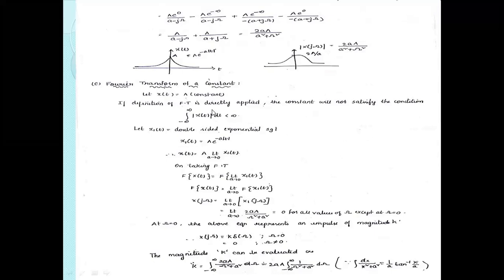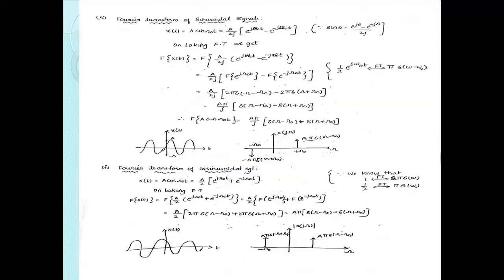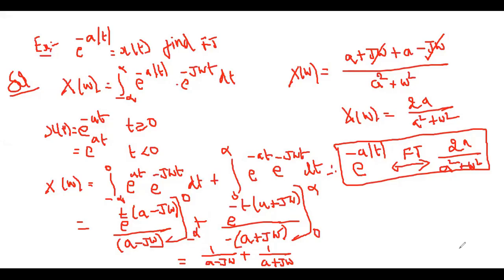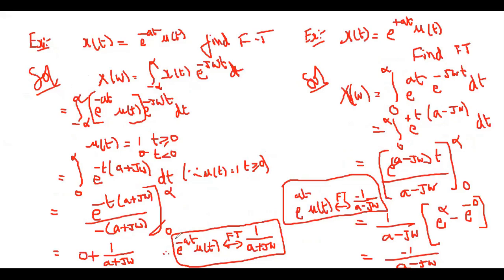Before going to the constant function, let us see the Fourier transformation of t·e^(−at)u(t). When you multiply by t, we already found e^(−at)u(t). For e^(−at)u(t) we got 1 by (a+jω), and for e^(at)u(t) we got minus 1 by (a−jω).